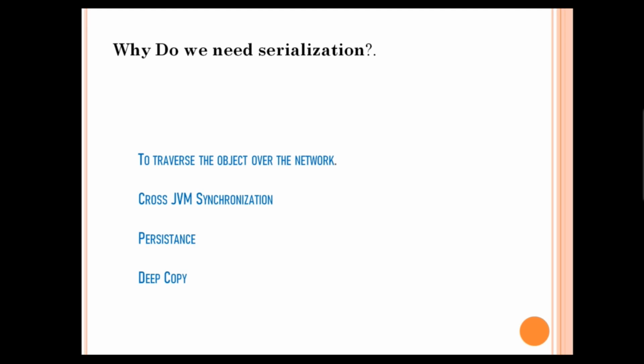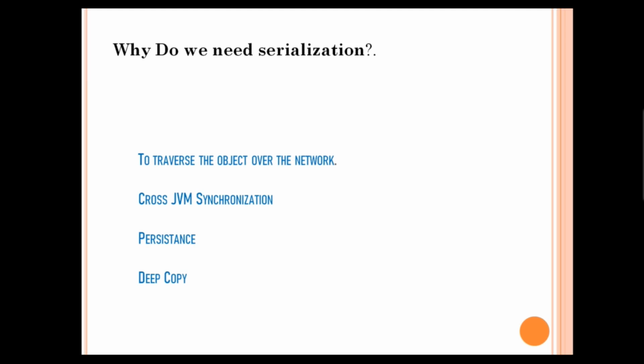If we write an object as a byte stream, that byte stream can travel over the network, and after that we can recreate the object by using deserialization. Another reason is cross JVM synchronization, as a byte stream is platform independent, so any object that is serialized on one platform can be deserialized on another platform.